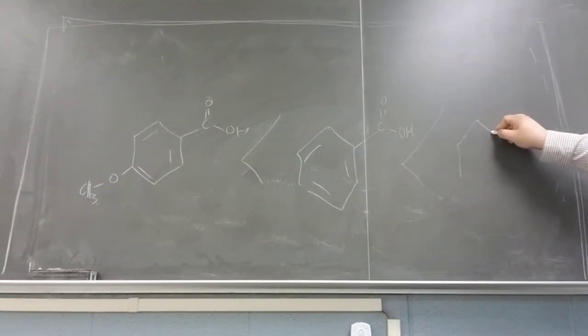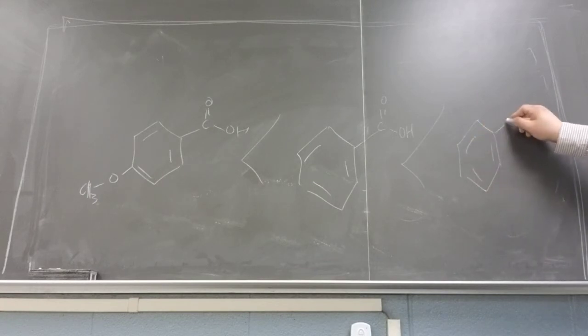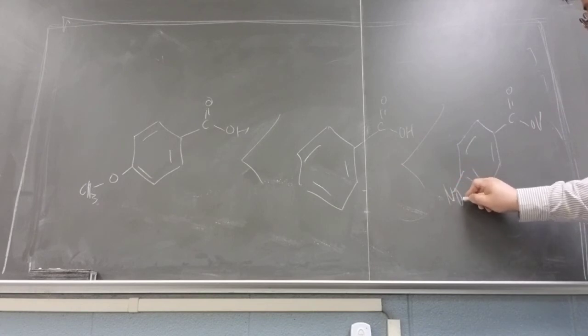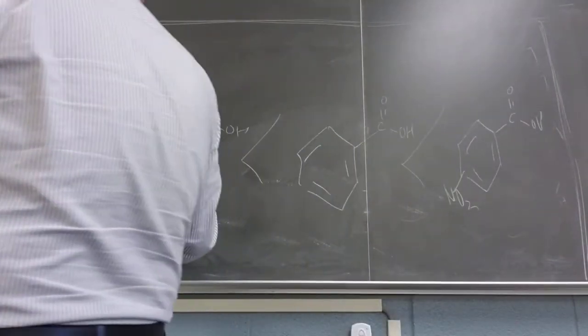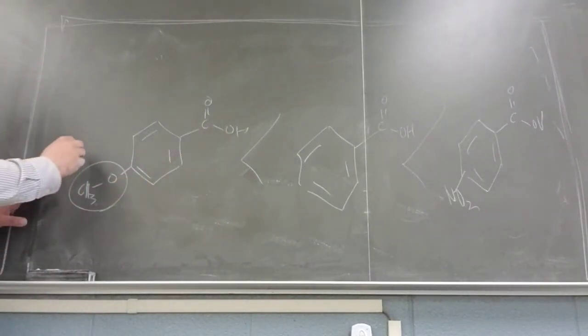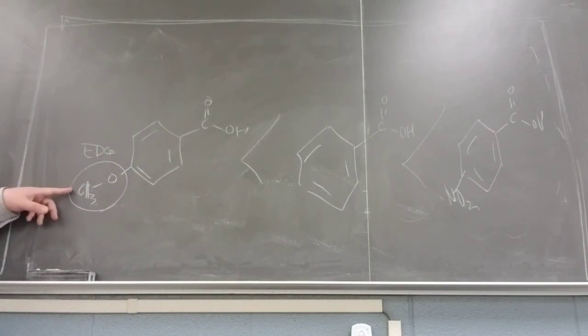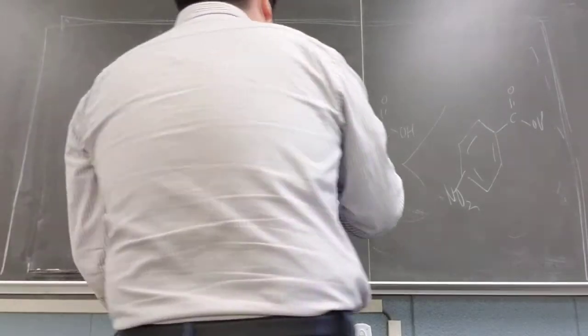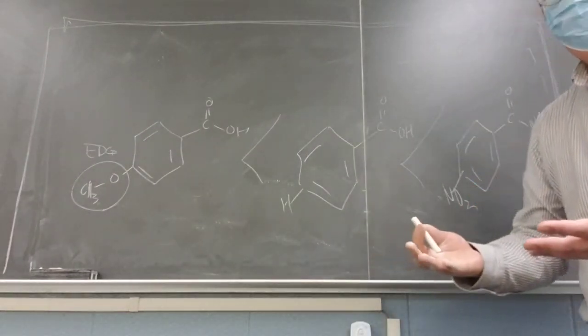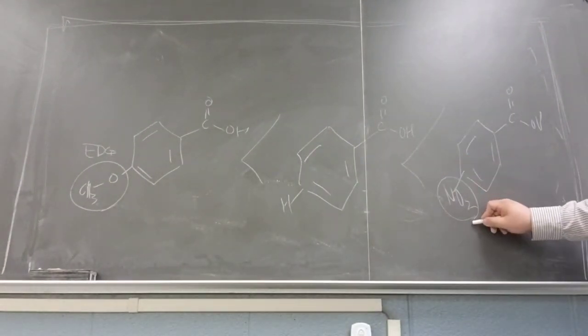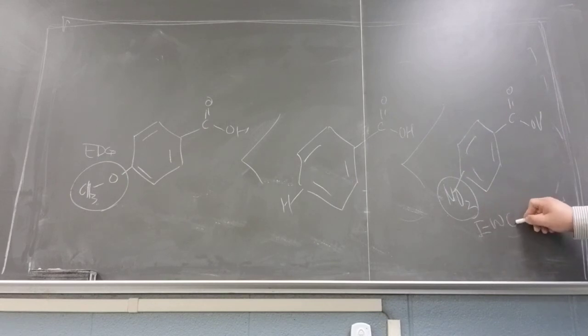The only difference is they have an electron donating group. Do you remember the electron donating groups here? And this one is just hydrogen as a reference. This one is what? An electron withdrawing group. So we have an electron withdrawing group over here.